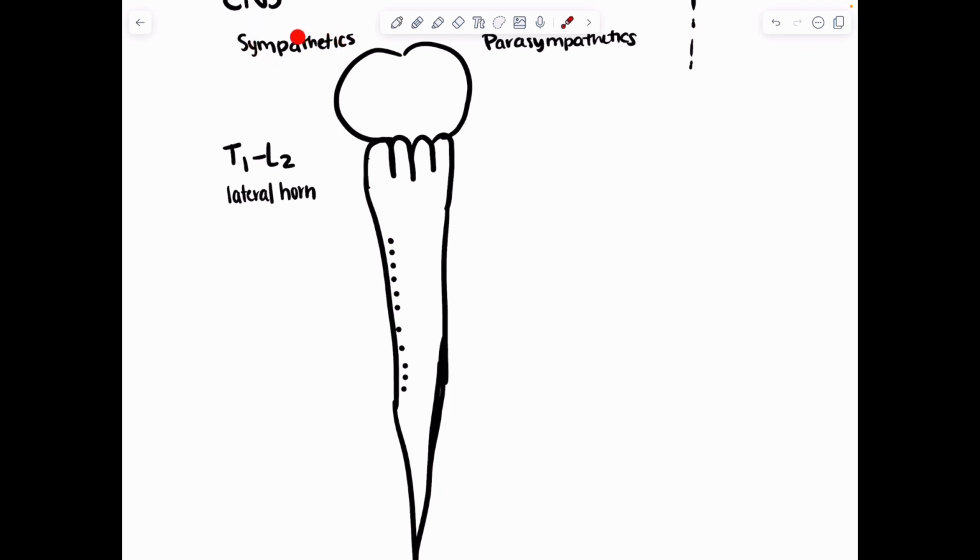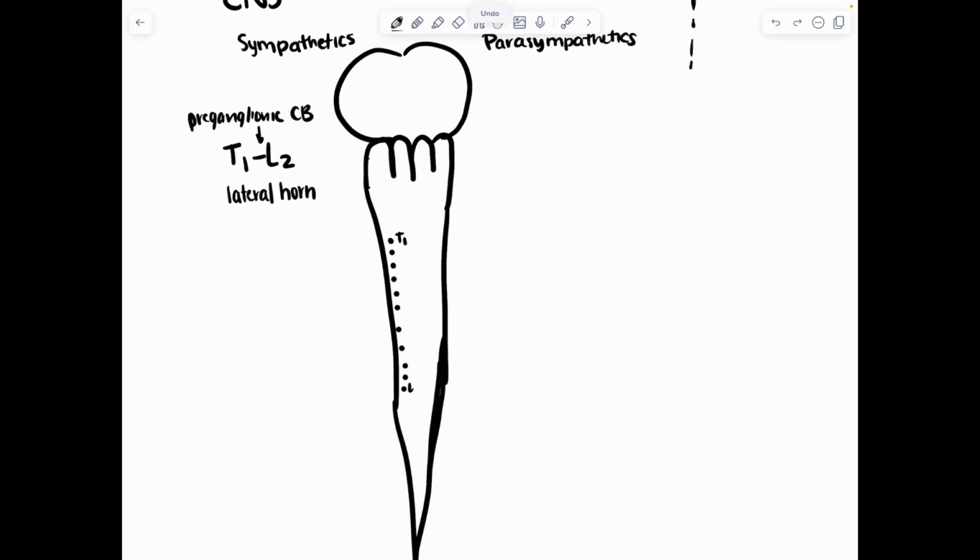So I'll write that here: preganglionic cell bodies for sympathetics are T1 to L2 in the lateral horn. I don't know if I counted enough dots, but that's where it's going.